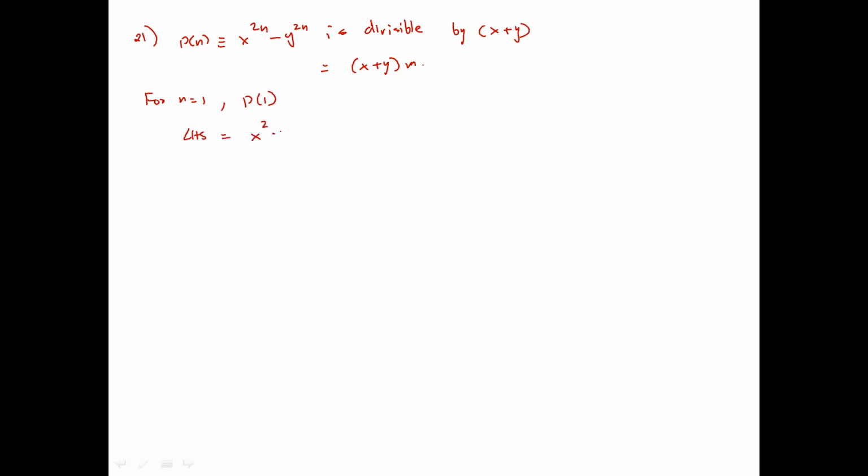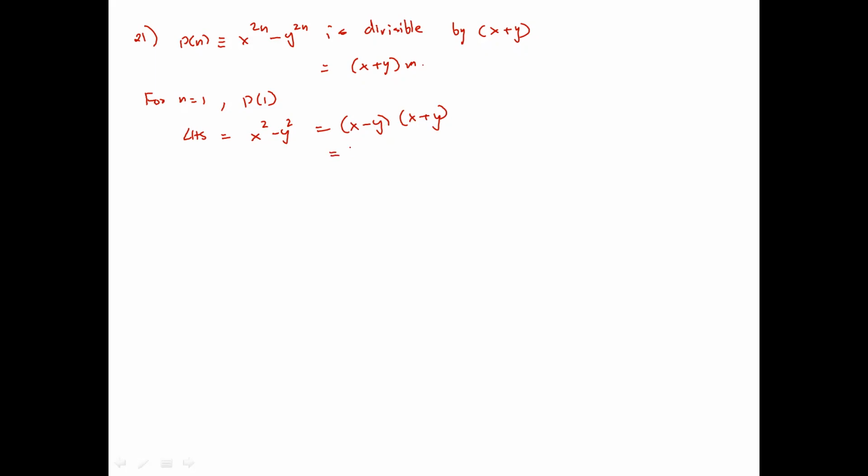We can go to 21. Let us take the statement P of n as x power 2n minus y power 2n is divisible by x plus y. That means it is a multiple of x plus y. Okay. For n equal to 1, when we take P of 1, the left hand side we have x square minus y square, which I can write as (x minus y)(x plus y).